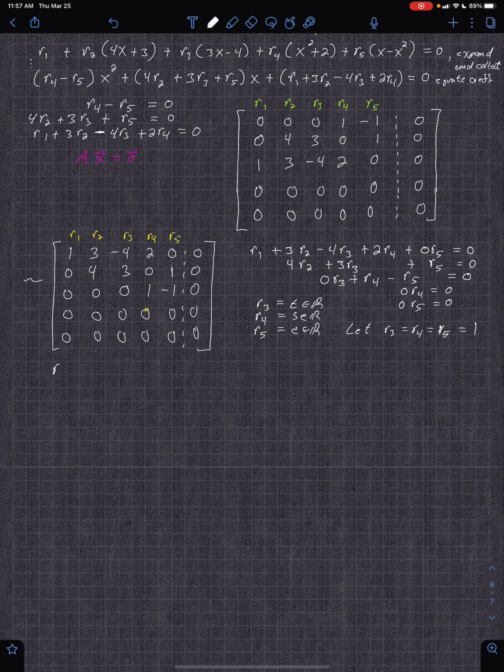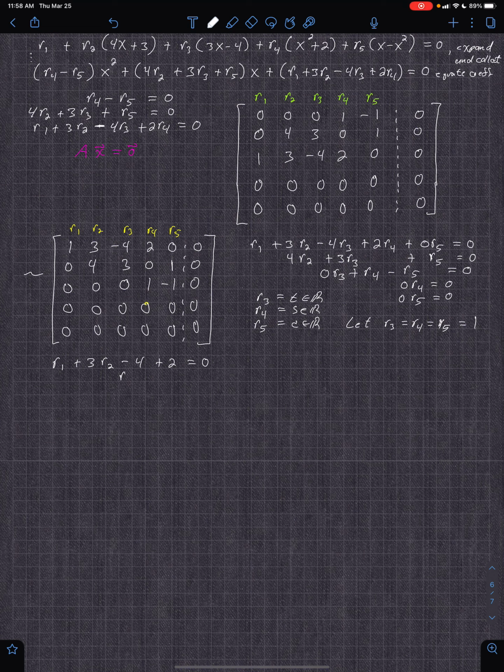So we get R1 plus 3R2 minus 4 plus 2 equal to 0. Solving for R1, R1 is equal to negative 3R2 plus 2. And I have that 4R2 plus 3 plus 1 equal to 0.